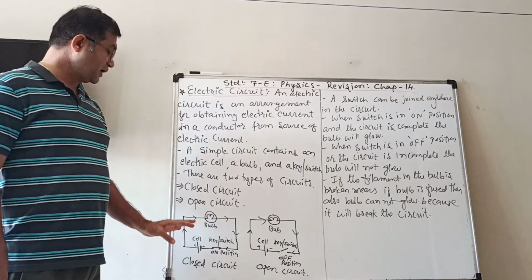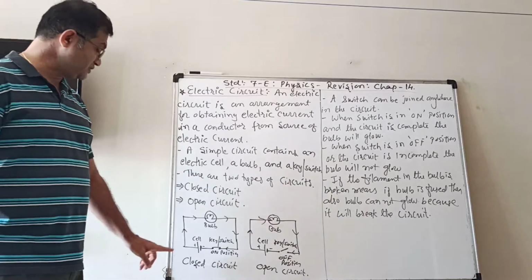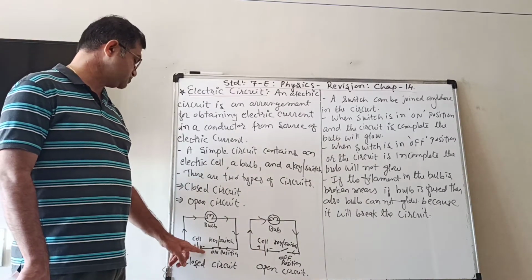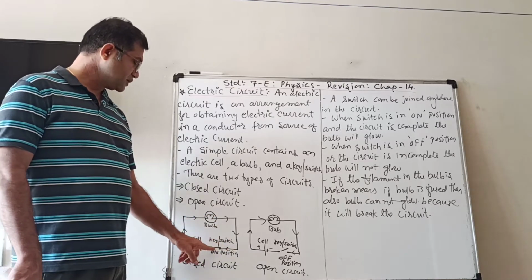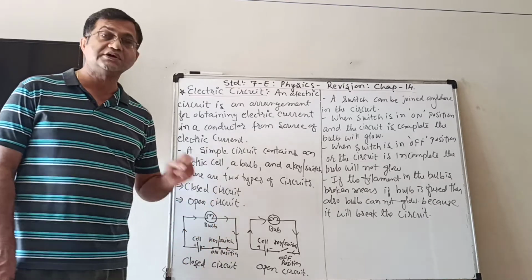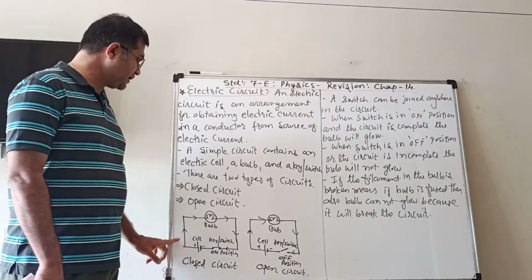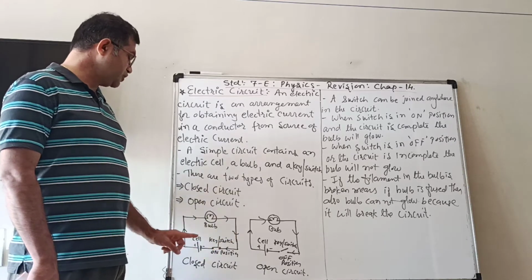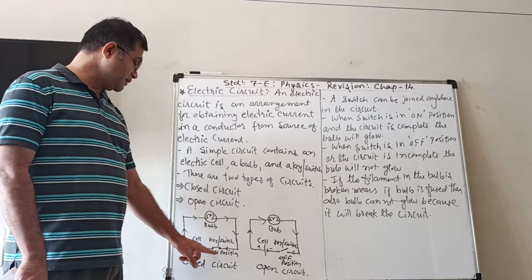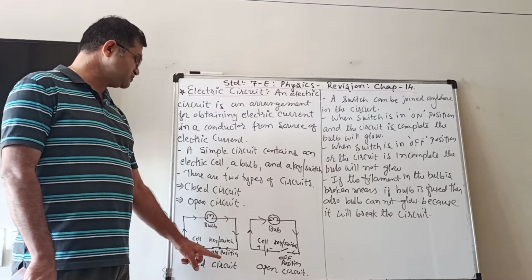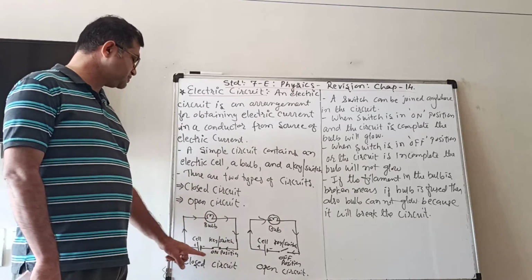Here you can see a schematic diagram of the closed circuit, in which a cell is used, a bulb is used, and a key or a switch is also used. When we join them correctly like that, here you can see the cell, the switch, which is in the on position, and these are the wires.